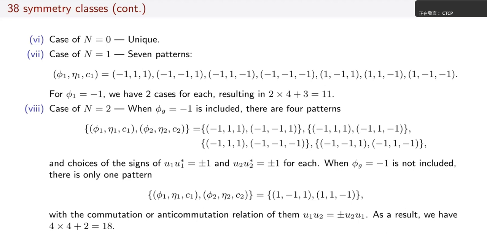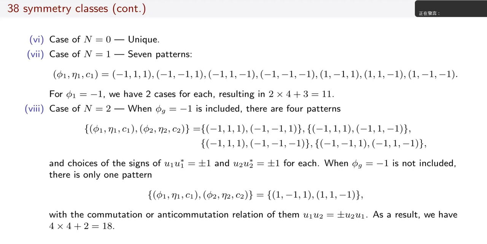For each choice, we have 2 by 2 choices, I mean the U1 square and U2 square for each. So eventually I have 4, 4, 4, and 4 if the anti-unitary group element is included.